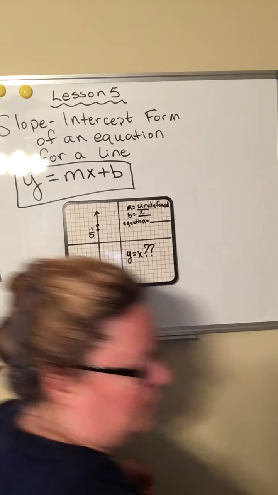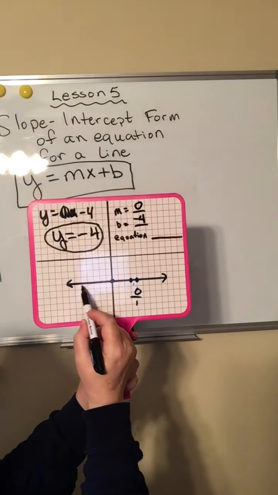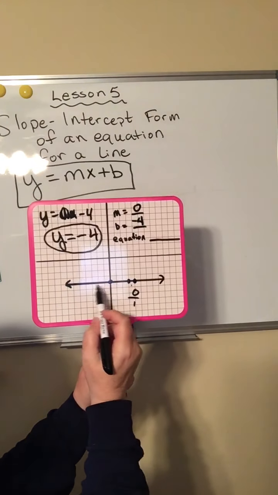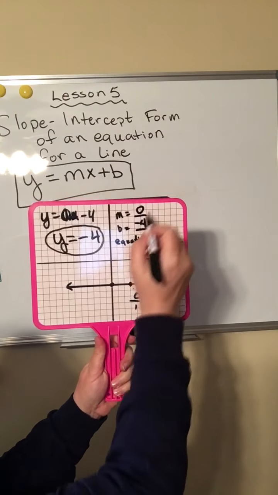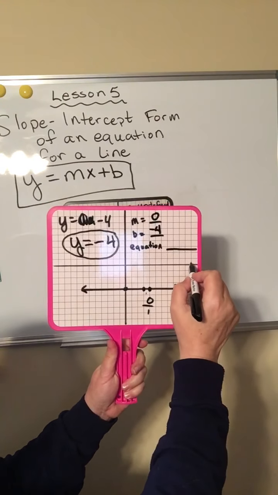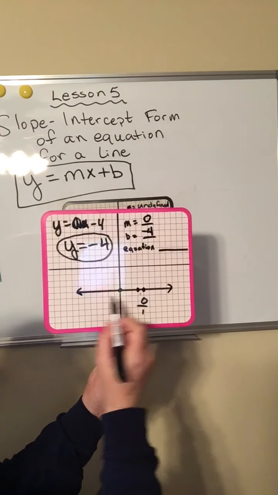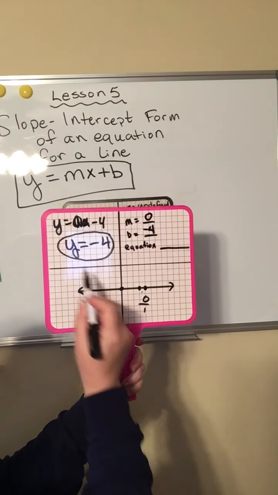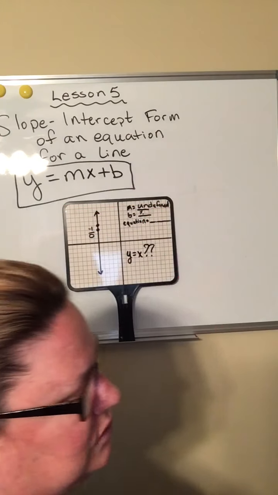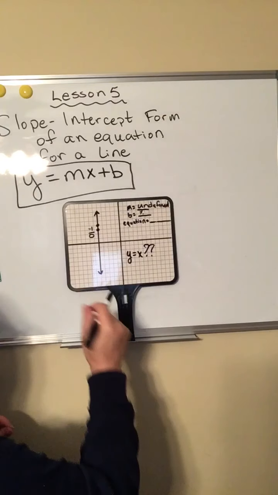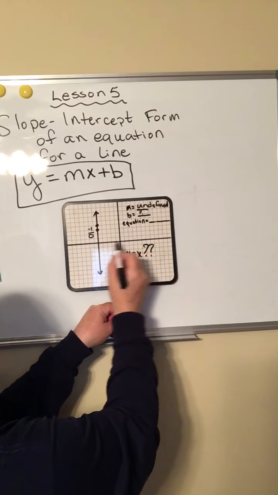Well, let's go back and look at this one. Remember I told you that when we cross the y-axis, we can just call it y, and it's not going to continue going and run into the x ever. It's only going to be horizontal and cross the y. We can just write down, hey, I crossed the y. Where did I cross it at? -4. Well, let's use that same philosophy here. What did I cross? I crossed the x-axis.